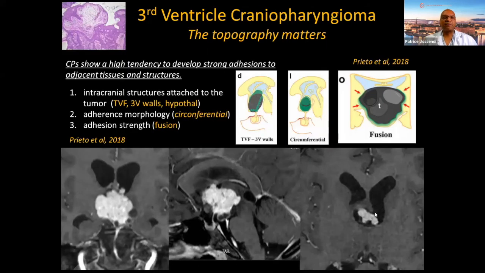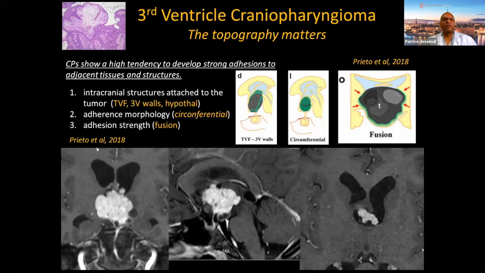And the topography matters because CPs show a high tendency to develop strong adhesions to adjacent tissues and structures. That is why when reading out those images, the radiologist should mention what are the structures adjacent to the tumor and what kind of relationship is there, what kind of adherence is there.